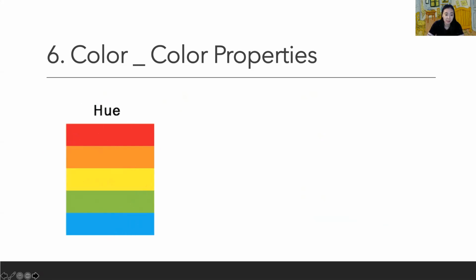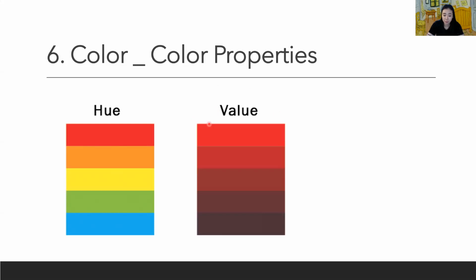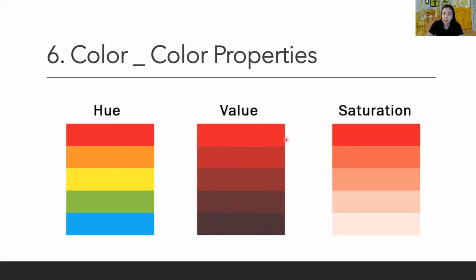And value refers to the relative lightness and darkness of the color, like this. And saturation, or intensity, refers to the relative purity of a color. Colors may be pure or saturated as they appear on the color wheel, or they may be dulled and softened to some degree.